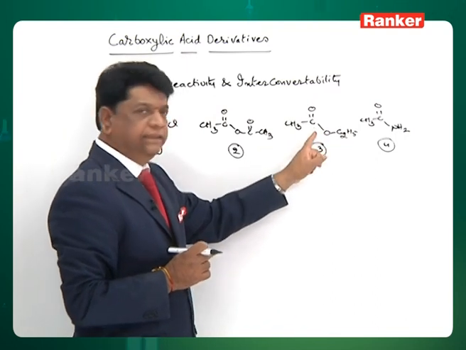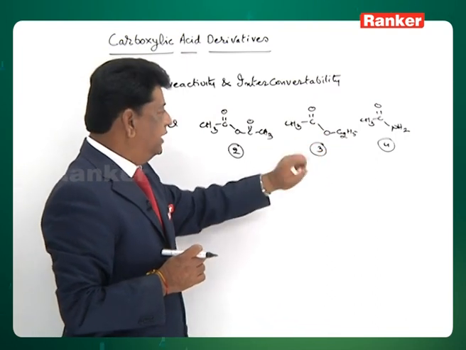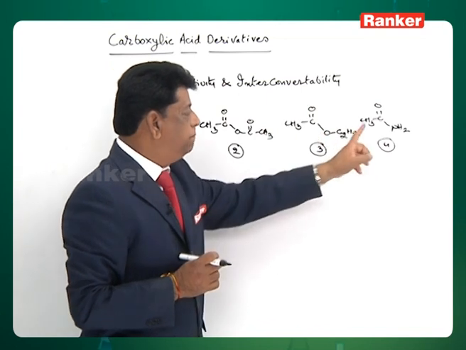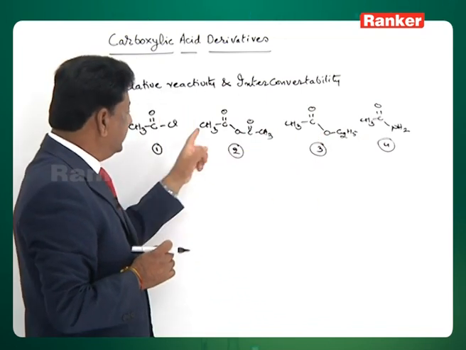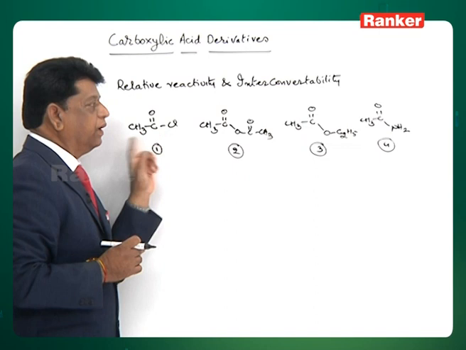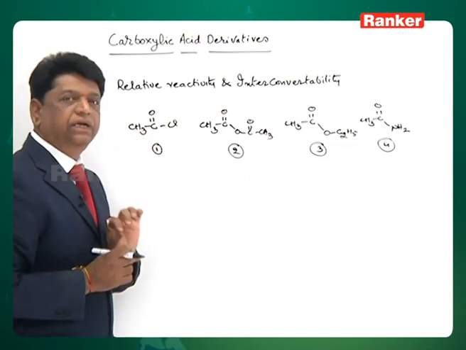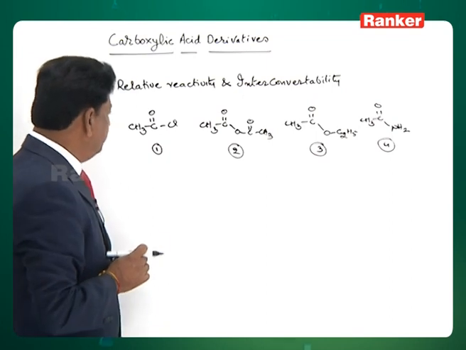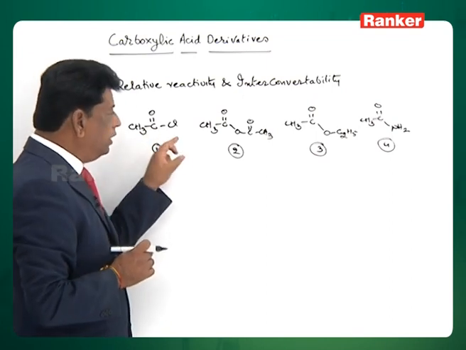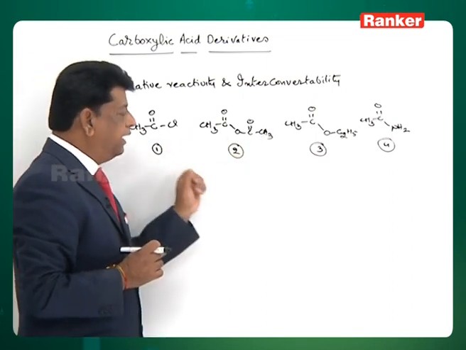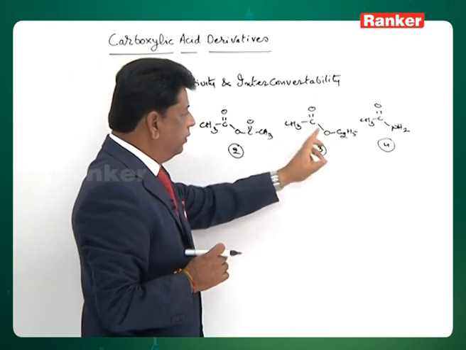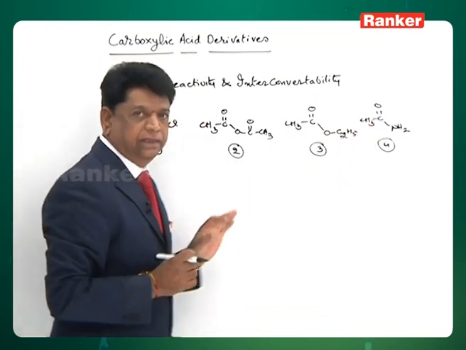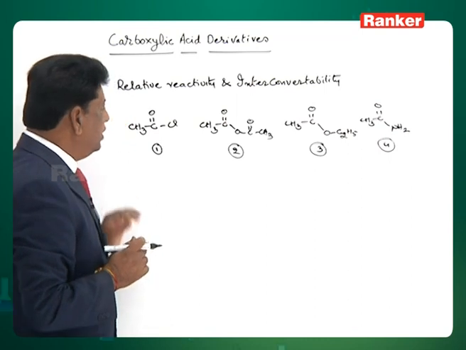Acetic acid common names are their functional names. So ethyl acetate, acetamide, acetic anhydride, acetyl chloride, these are all acid function names we are using. However, systematically it is ethanoyl chloride, ethanoic anhydride, ethyl ethanoate, ethanamide, that is the systematic nomenclature.